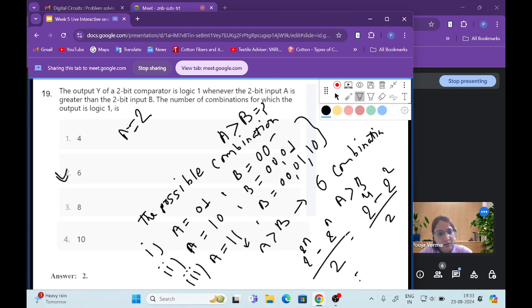Let's check. So 2 to the 4 will be 16 minus 2 to the 2 is 4, divided by 2, right? So here we will get 12 by 2. So here also we are getting total 6 combinations where A is greater than B. You can take it from any combination. Okay. For this type of question only.